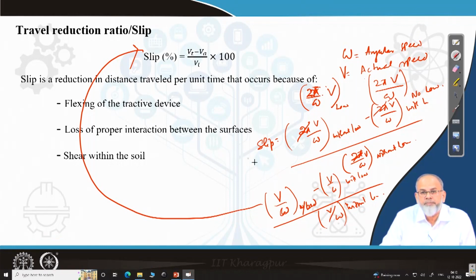The best concept is that without slipping, a tractor cannot develop tractive force, so slip has to be there. Now the question arises, how much slip? That depends again on the soil condition and the type of tire. Roughly we say within 20% is the allowable slip, where you can get maximum tractive effort.